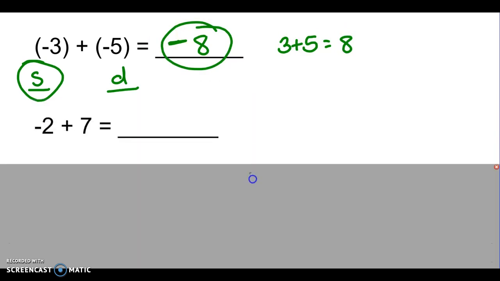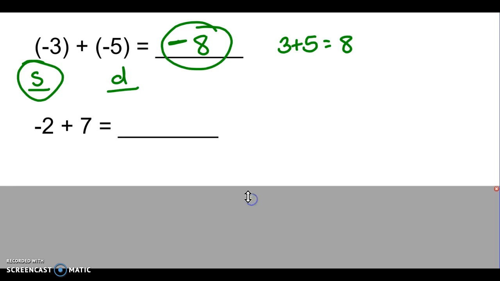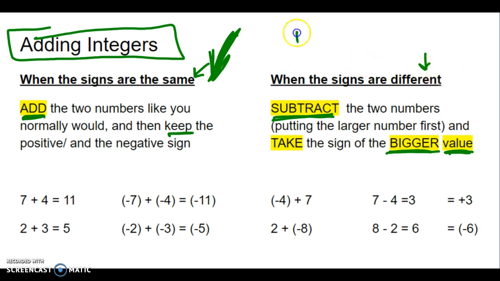The second problem here in front of us, we have -2 plus 7. So, are the signs the same or different? Well, this one's a negative number, and this one's a positive number, so my signs are different here. So when I look at my slide that we made, we're looking at this side now. My signs are different, so it says subtract the two numbers and take the sign of the bigger value.